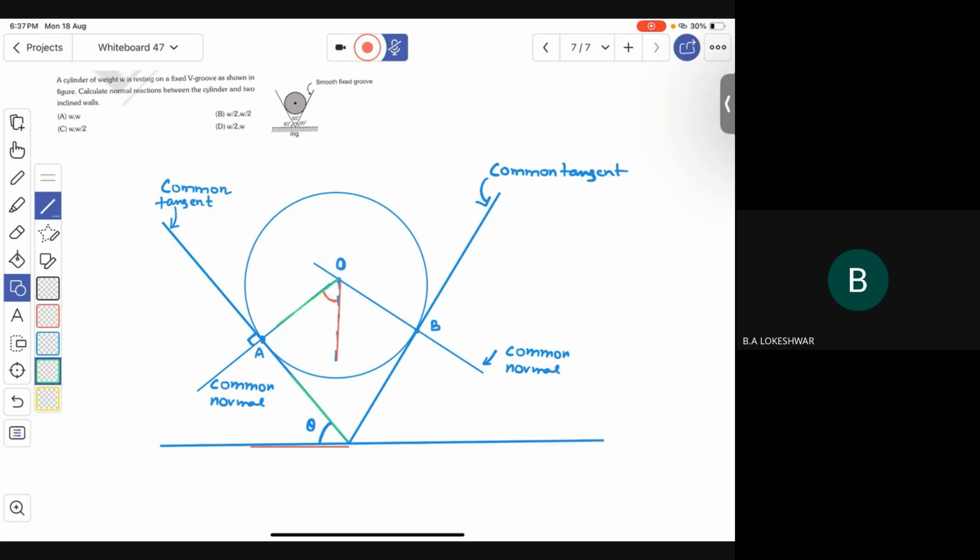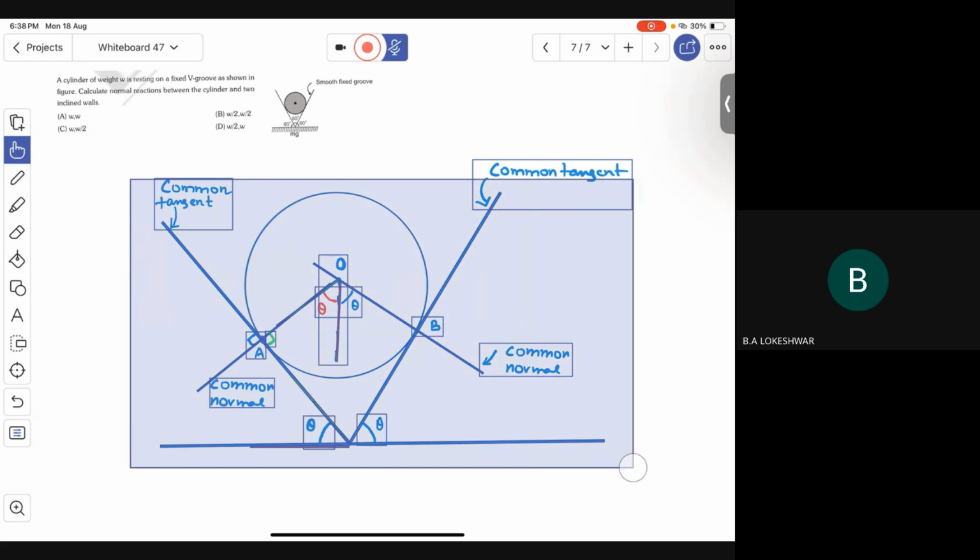So the angle between these two will be the same, which is theta, correct? There is some geometry here. Since we are told this angle is also theta, by the same logic this angle will also be theta, correct? I hope this figure is clear to everyone.